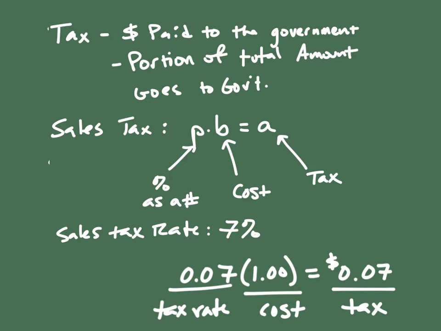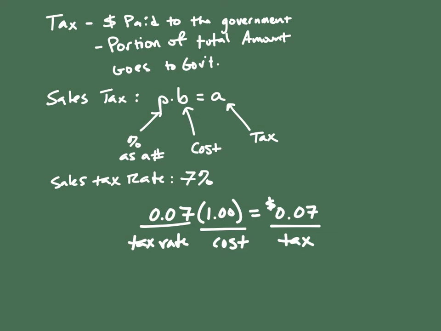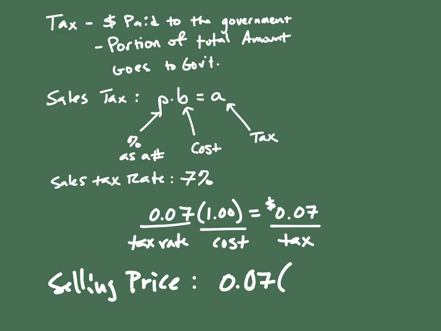Okay. And the goal is to find the total selling price. And the total selling price in this case would have been 0.07 times $1, all right. And this is the McDonald's hamburger. So that's my tax rate times the $1 that this hamburger cost, plus the $1 that we have to spend, okay?